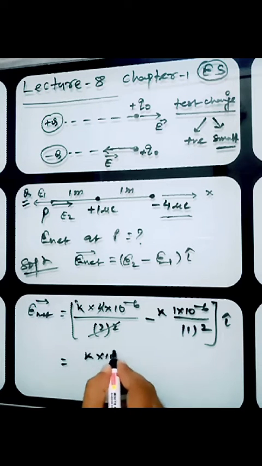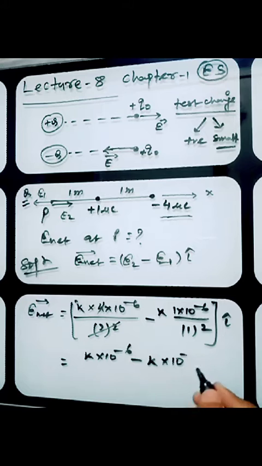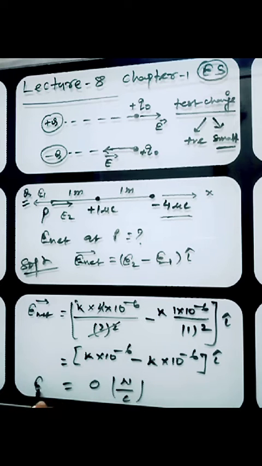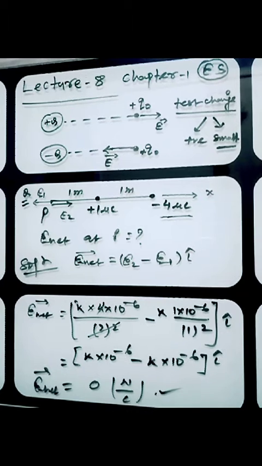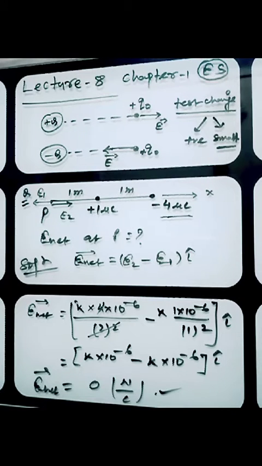K times 10 to the power minus 6 minus K times 10 to the power minus 6 in the I cap direction, that is 0 Newton per coulomb. This is the net electric field at point P, we have calculated it.